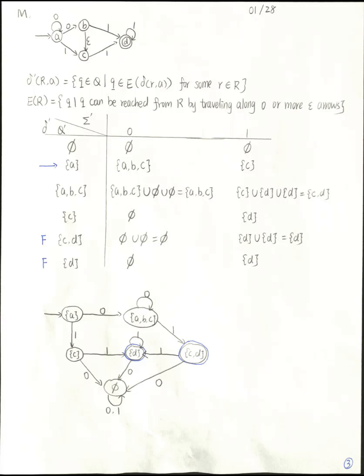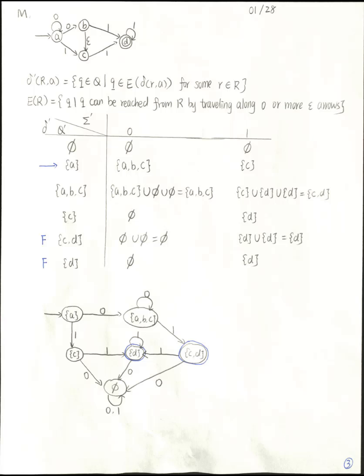The closure of a set is the set of states that can be reached from each member of the set by consuming 0 or more epsilon transitions. The principle of the transition function is still that I compute the resulting states of each member in the set, and I take the union of that. After that, I need to take the closure of the set. That means, starting from these resulting states, what are the states I can reach by following 0 or more epsilon transitions?